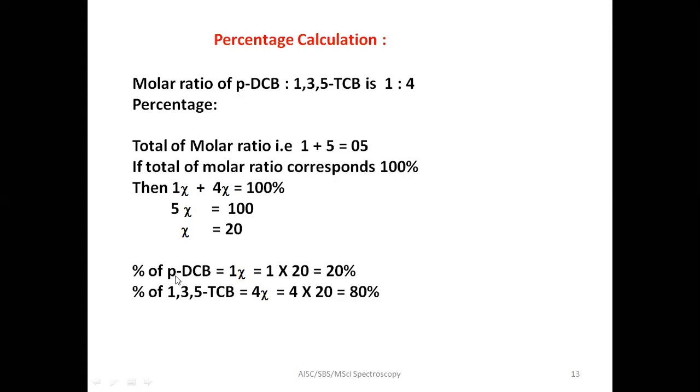Therefore the percentage of para-dichlorobenzene, which is in one form, is 1x, equal to 20%, and the percentage of 1,3,5-trichlorobenzene is 4x, so 4 into 20, that is 80%. So that is the percentage of the mixture which is prepared and gives the NMR signal. That is the calculation of molar or percentage.